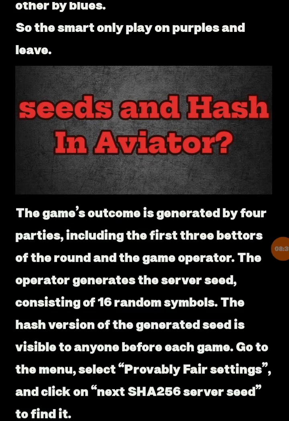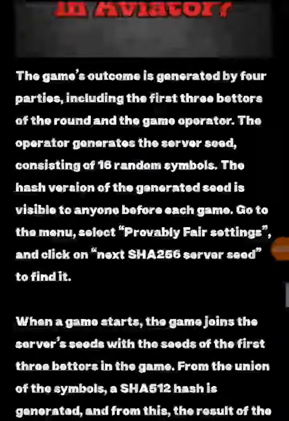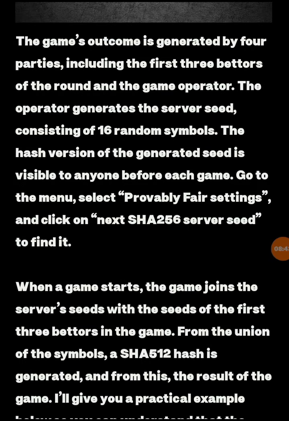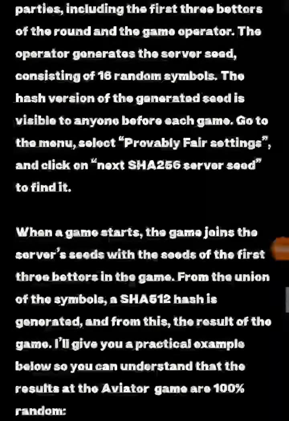Go to the menu, select provably fair settings, and click on the next SHA-256 server seed to find it. When you start the Aviator game, you get the server seed with the seeds of the first 3 bettors. So the first 3 people who place the bet, with 1 rand, 500 and 10,000, will influence where the plane will fly, the result of the game.